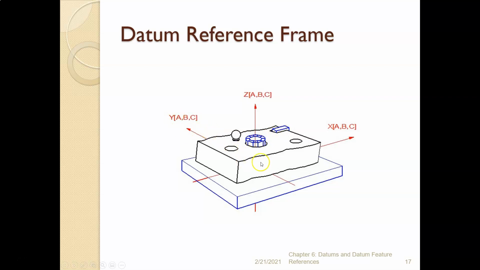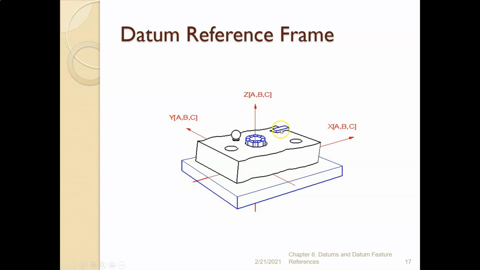Same with the Y-axis. Now, you might be thinking, well, wait a second, we could just pull it up, slide it along the Z-axis. No, we can't, because the part has to remain in contact with A at all times. And now, can we spin it around the Z-axis? Well, clearly no.